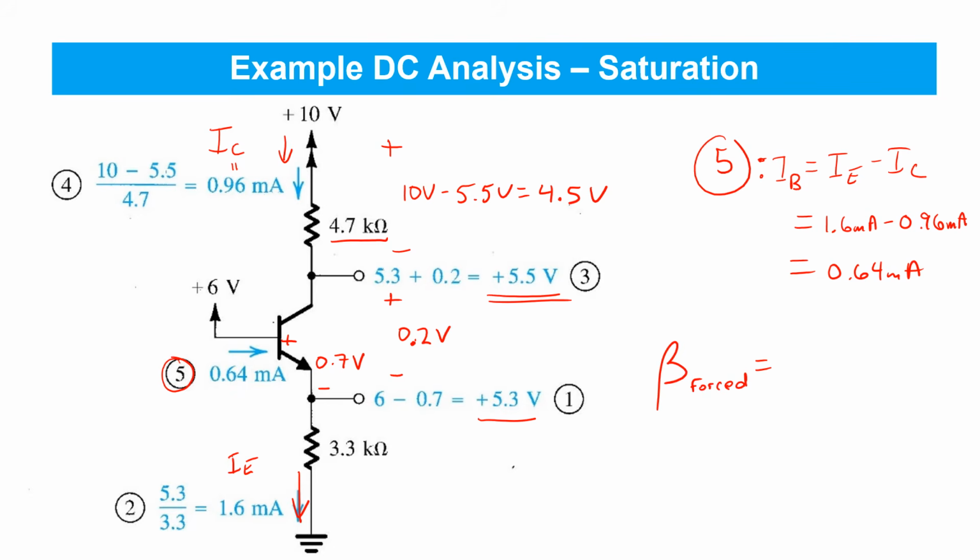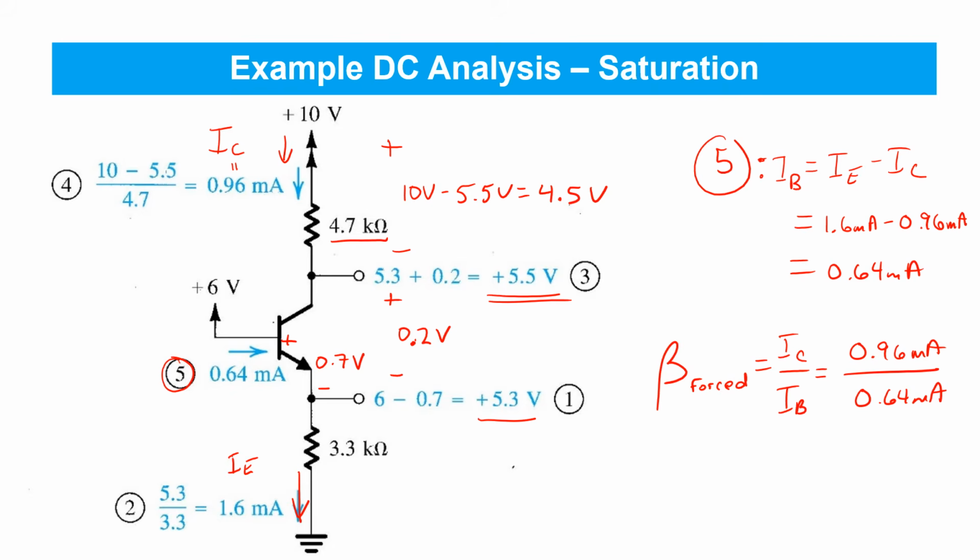It's just this ratio of the collector current over the base current. In this case, it's certainly much less than 100. It's about 1.5. Okay. And you'll see here that there's nothing about this analysis that invalidates our assumption.